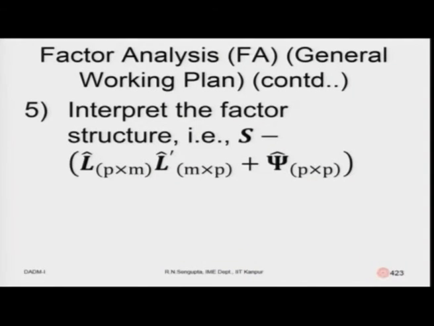Once we find the factors, we have the variance covariance matrix from the sample, which is S, and from that we will subtract two sets of information.